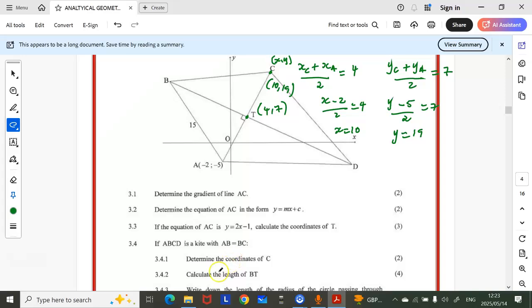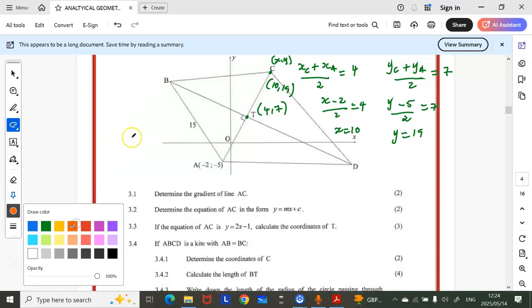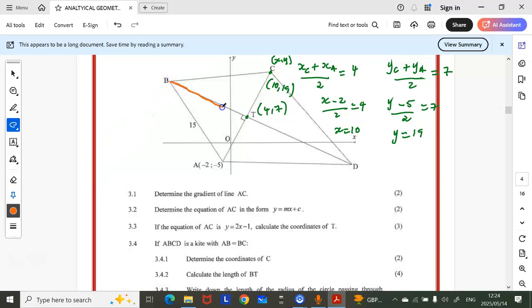The next question: calculate the length of BT. Now, we don't have the coordinates of B, right? But we still have an option here. If we take this triangle, this triangle is a right angle triangle, right?